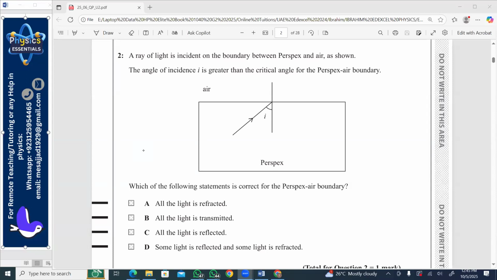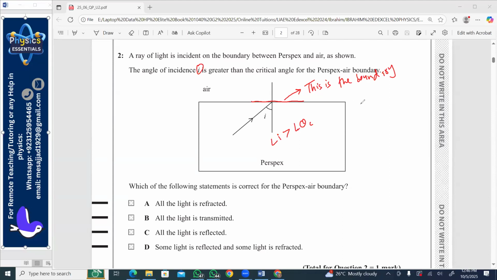So you can see that this is the boundary of the perspex and air, and they are saying that here the critical angle is less while the incident angle is greater. So angle of incidence is greater than the critical angle. This is what they have mentioned.